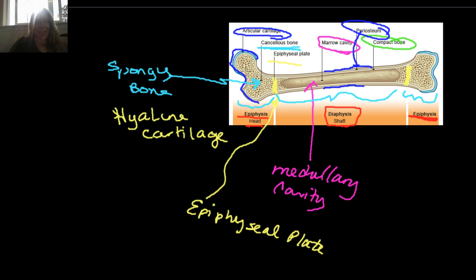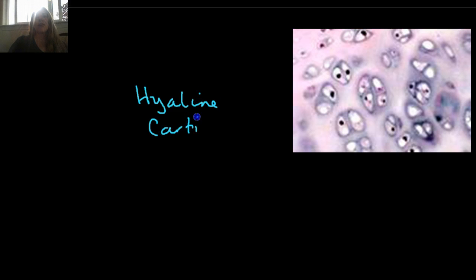Now we're going to break it down and look at the nitty-gritty and take a look at that hyaline cartilage that we've been talking about. This is so cool because all life starts out from the same basic components. You've heard of things called stem cells, right?